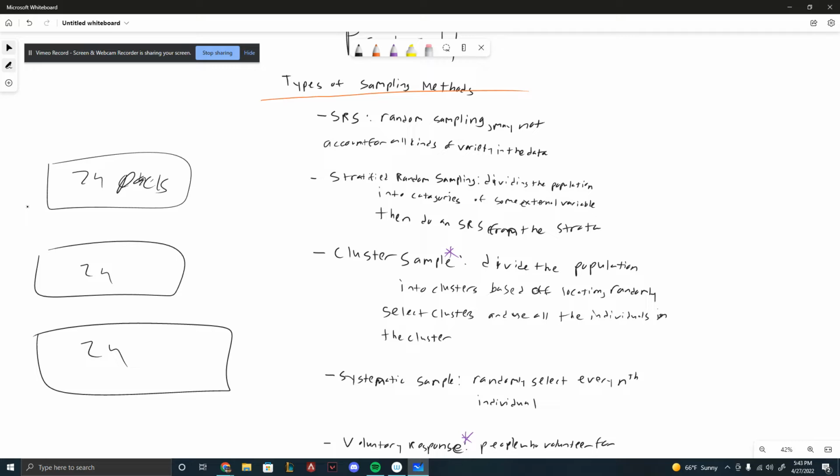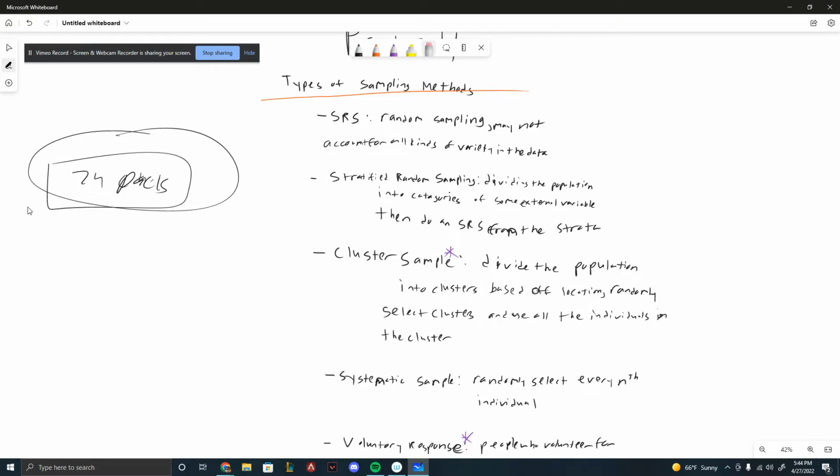What that would be is randomly selecting three boxes, or clusters, from the total production, and then checking every single bag in there. So let's say we selected this one out of the three. We would look at all 24 bags in there, and we would generalize that to the other two, and that's the assumption. And I'll tell you what the little purple asterisk is in a little bit after we get through all these sampling methods.